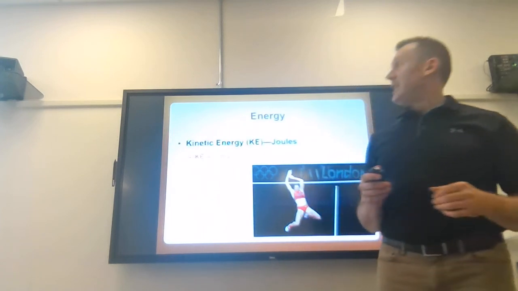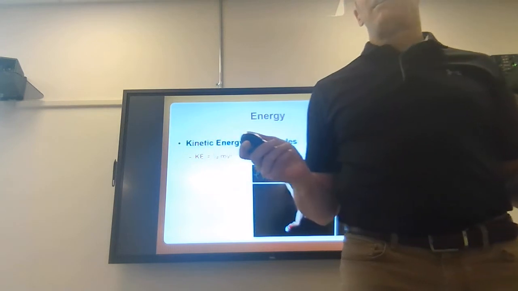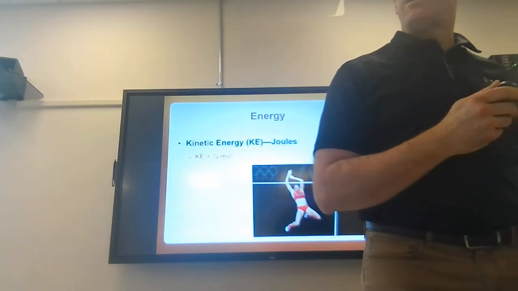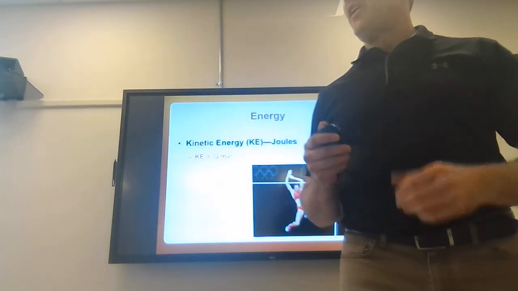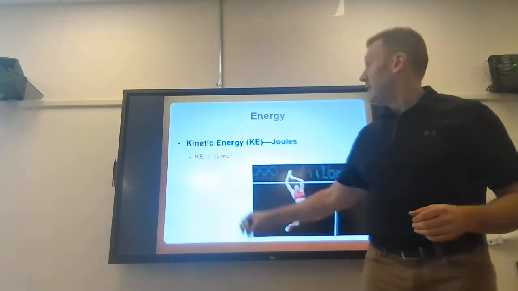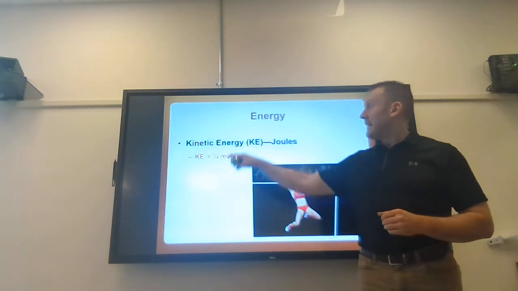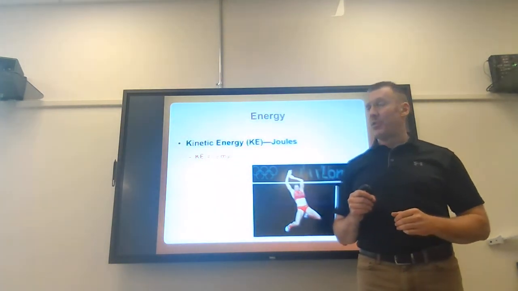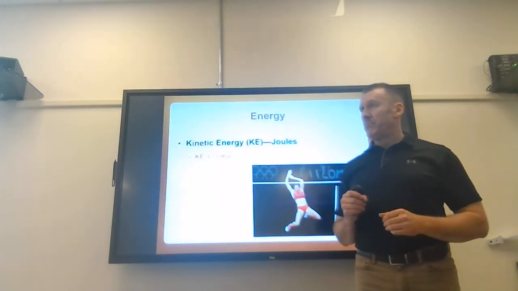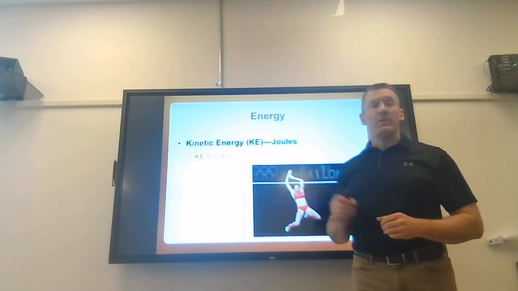So in a pole vault, think about it, as you are doing your approach, all of the energy is kinetic. So the faster you are, the more kinetic energy you'll have at the takeoff point. So velocity is the most important factor.